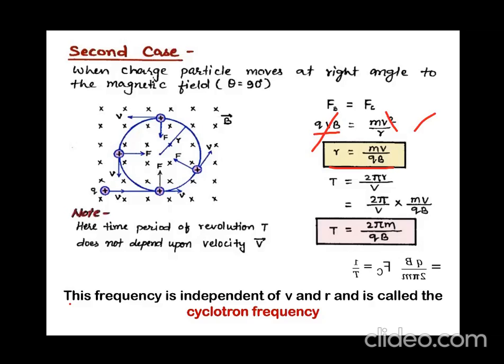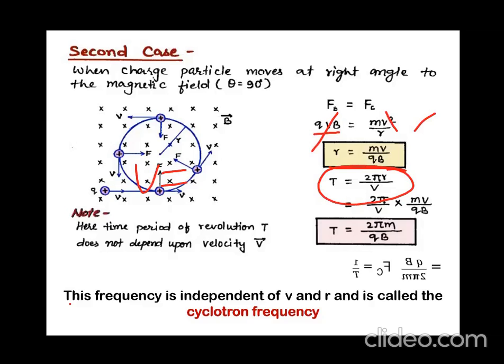The circular path which the charge is going to travel would be of radius r. Okay? Chalo.